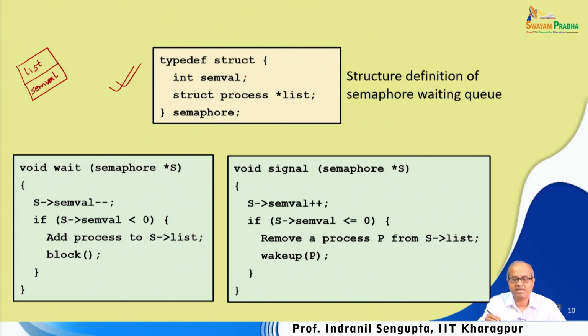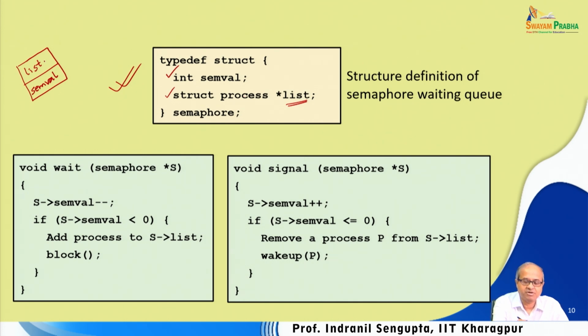So, you see this is a C like declaration, we are defining a structure. One element of the structure is an integer value which is semval, the value of the semaphore, that is the name of the variable you are giving, and then we declare a pointer called list which is pointing to a process structure.